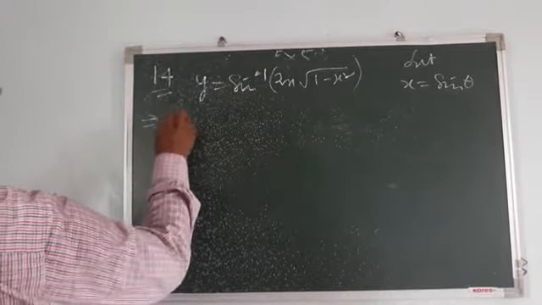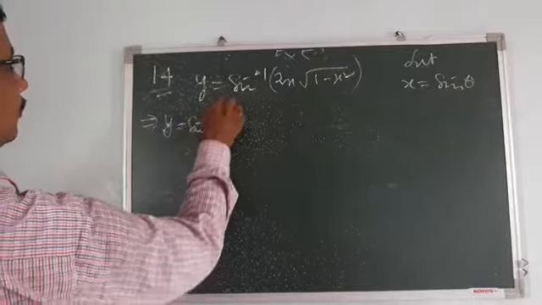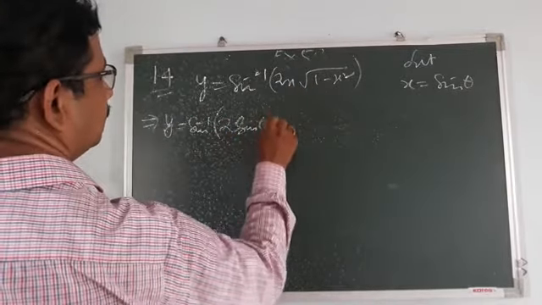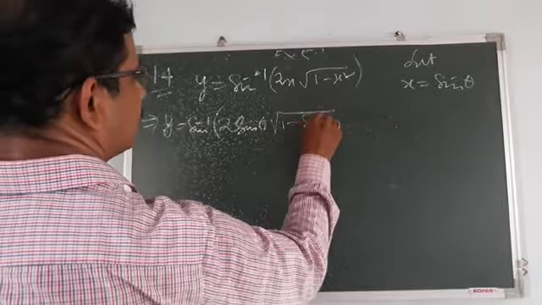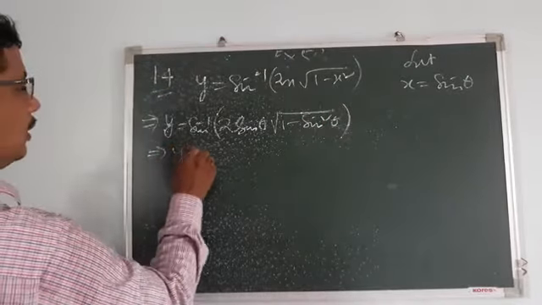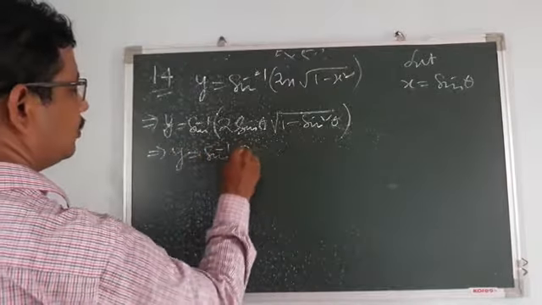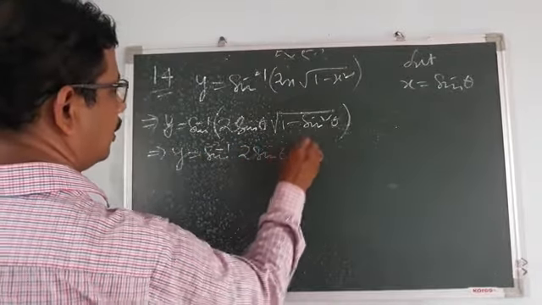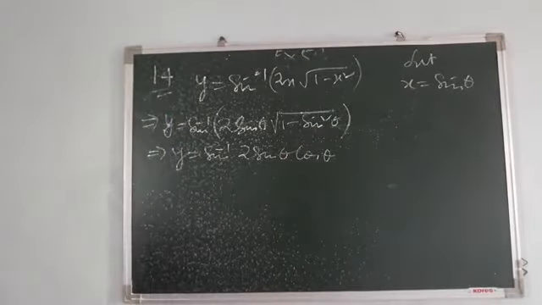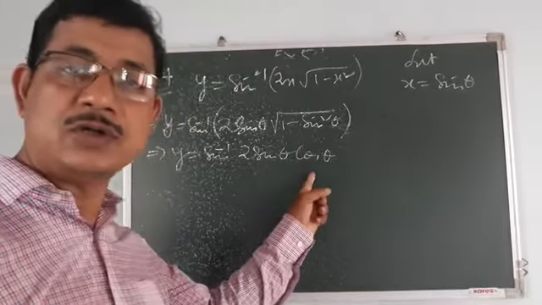If we put here x as sine theta, it is twice sine theta root over 1 minus sine square theta. What we will get here? Sine inverse of twice sine theta, and 1 minus sine square theta is cos square theta. Root over will make only cos theta.